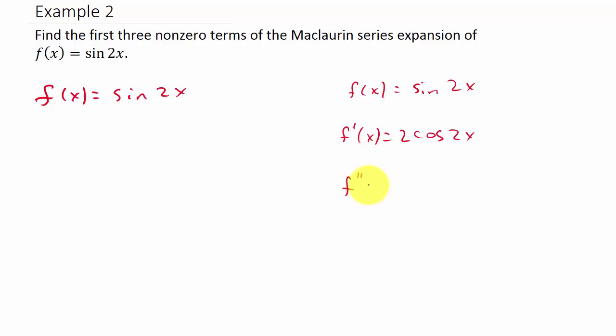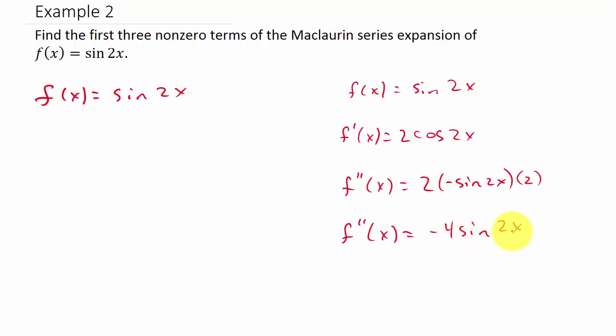And f double prime of x would be 2, and then the derivative of cosine is negative sine 2x times the derivative of what we're taking the cosine of, so that would be times 2. So f double prime of x would be negative 4 sine 2x.